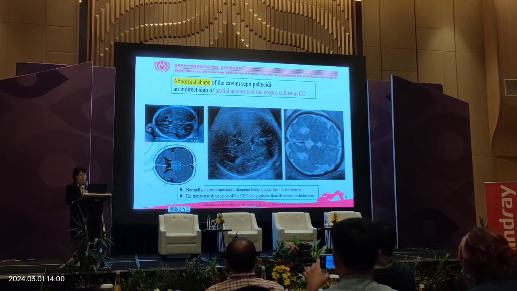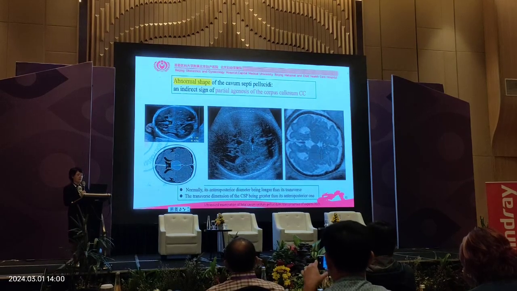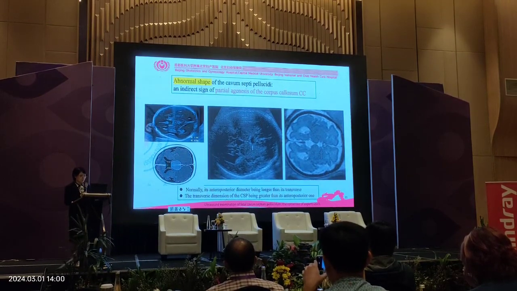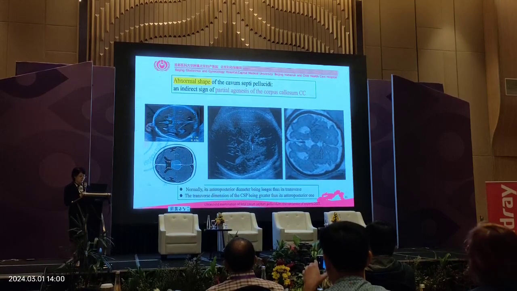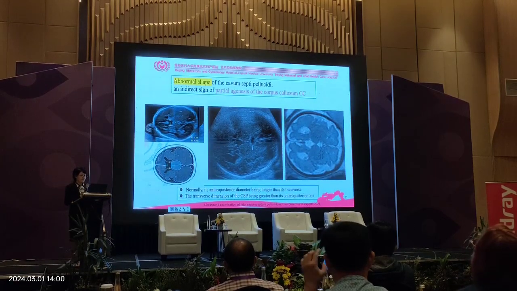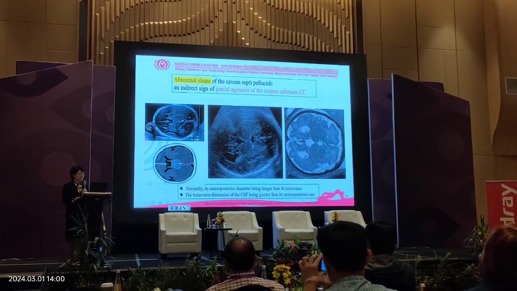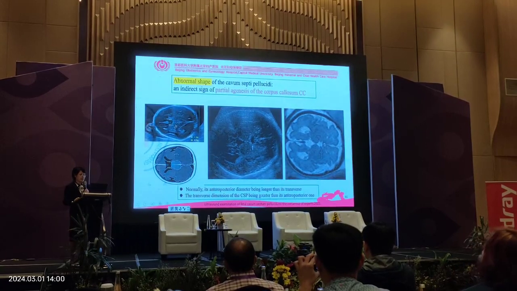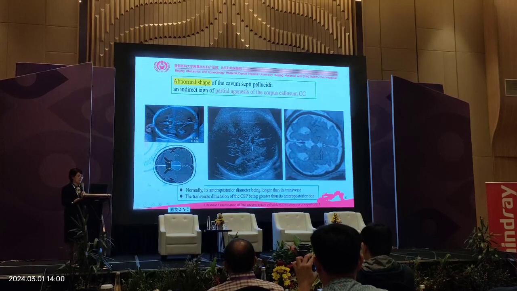We also observe the CSP, the cavum septum pellucidum shape. We need to see the shape, because a different shape is an indirect sign of partial agenesis of the corpus callosum.